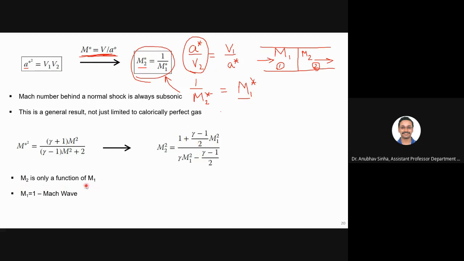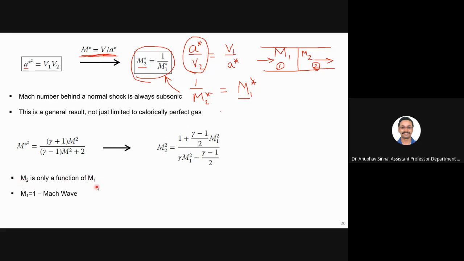It does not depend on anything else. It does not bother what your pressure or your temperature is. Only your temperature will affect your M1. But the point I'm trying to make is that once you know M1, you need not worry about any other property. If you know M1, you can find M2.